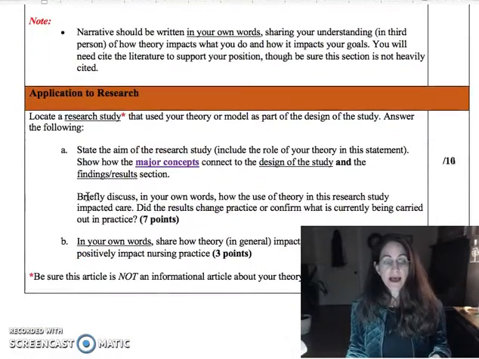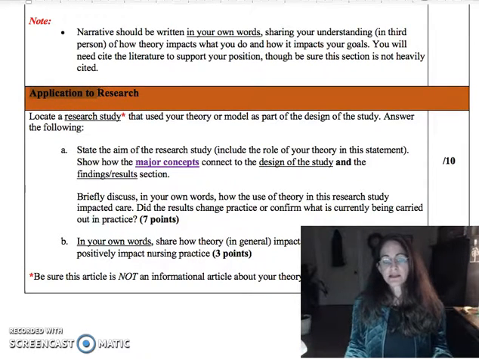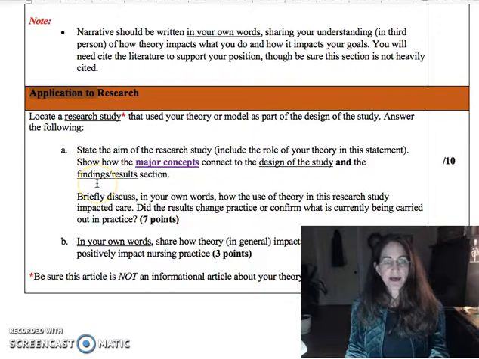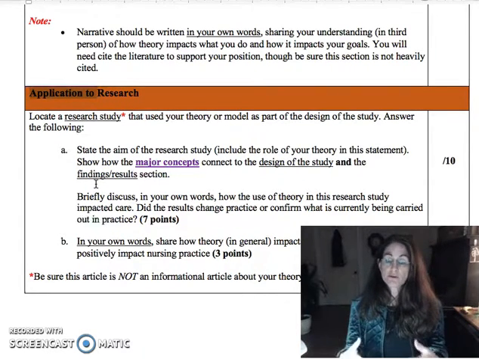Okay. And then for application to research, basically, you can have this as a level 1 heading, of course, but you don't have to have level 2 headings. You can have a couple of paragraphs describing the research and applying the concepts in different paragraphs.